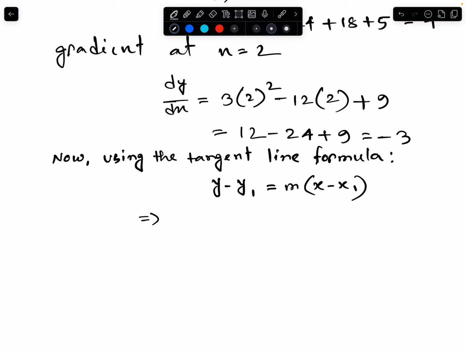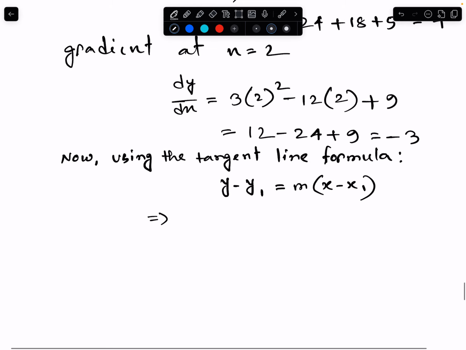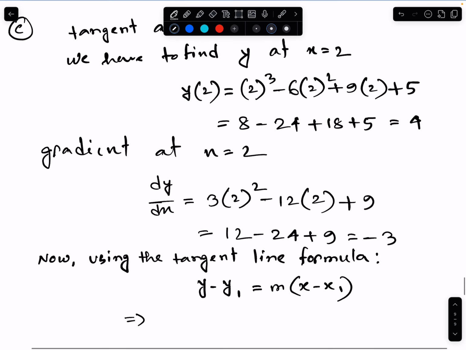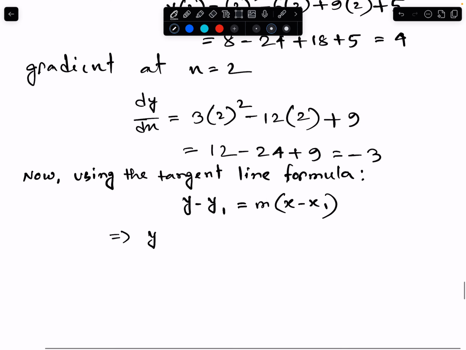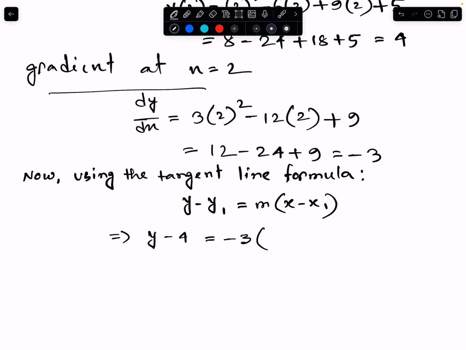So what are the values of x1 and y1? We already have our values: y is equal to 4 and x is equal to 2. So y minus 4 equal to the gradient at x equal to 2, which is minus 3, times x minus 2.